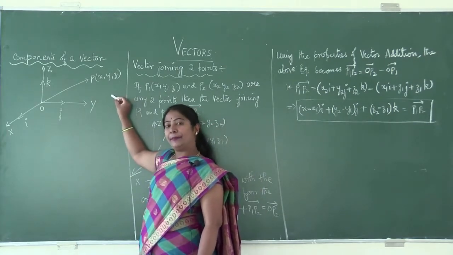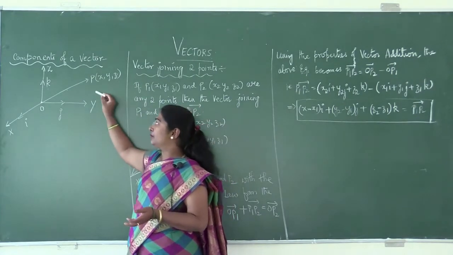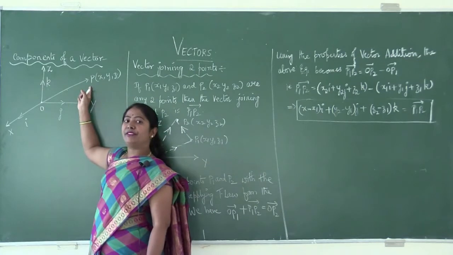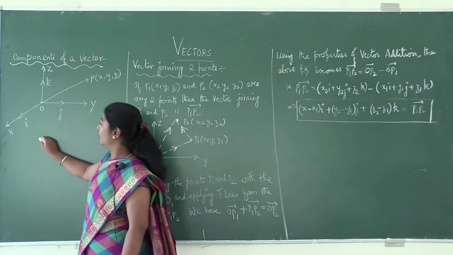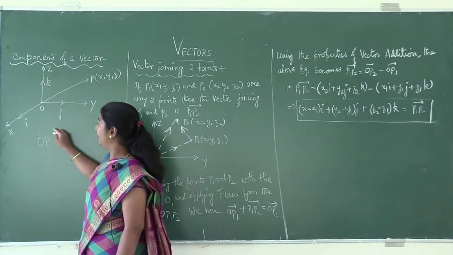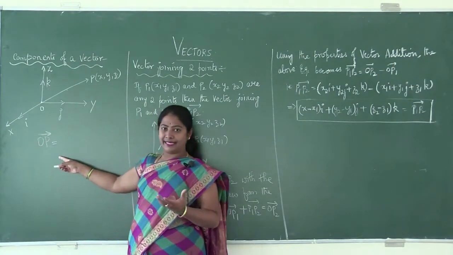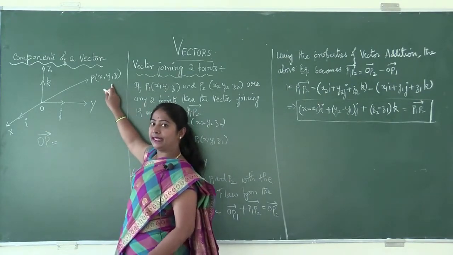Now we shall represent the vector component of the point P with respect to origin O. The position vector of the point P with respect to origin O is denoted by vector OP, and its component form is given by, what are the coordinates of point P? X, Y and Z in scalar form.